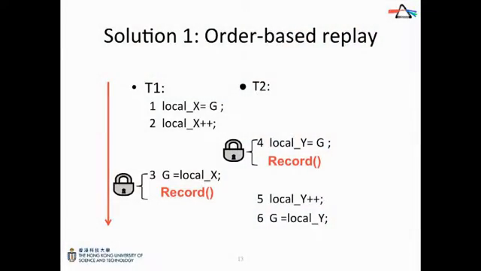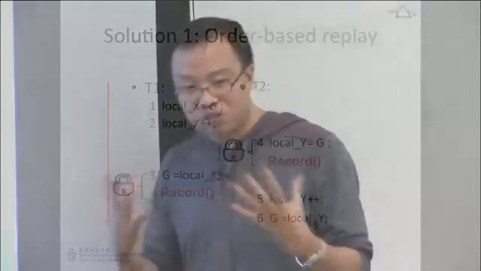Okay? So this is a very simple illustration of the problem with user level instrumentation. So the common practice is that we have to somehow make the instrumentation and the actual statement execute atomically, or use some kind of synchronization. And for people who know about concurrent programming, we know that adding additional synchronization is really, really bad.